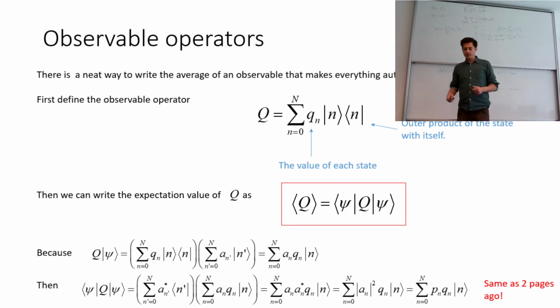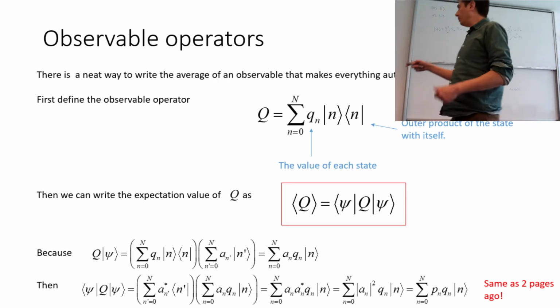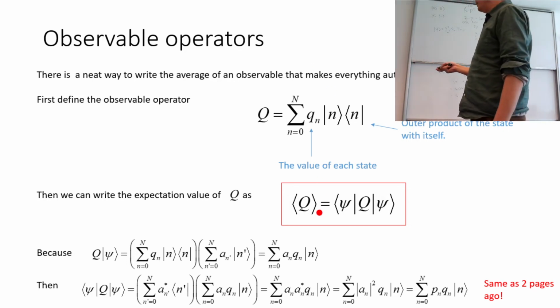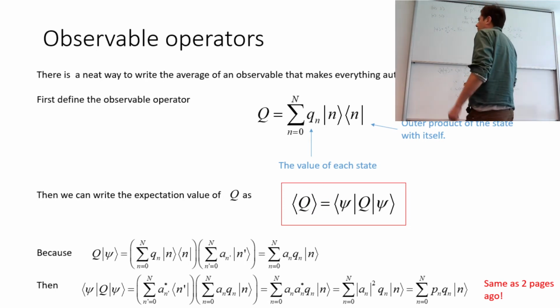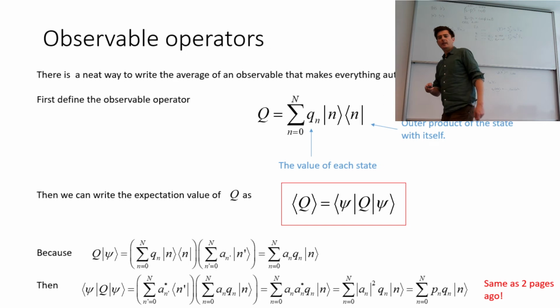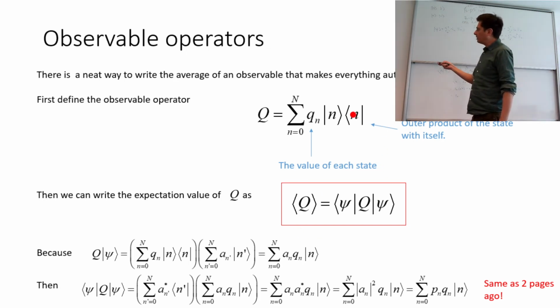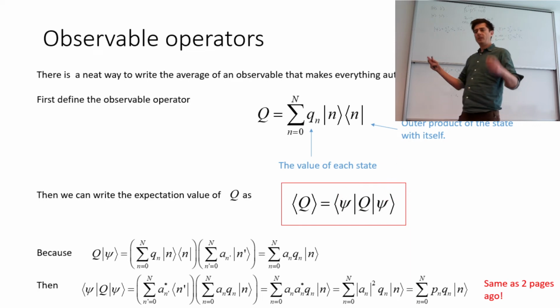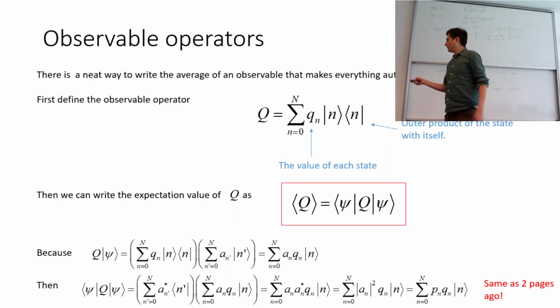The way that it works is that if you want to calculate the average value of this observable Q, once you've constructed this operator, all you have to do is calculate this quantity. Basically, take this quantum state, and then you have the observable operator.